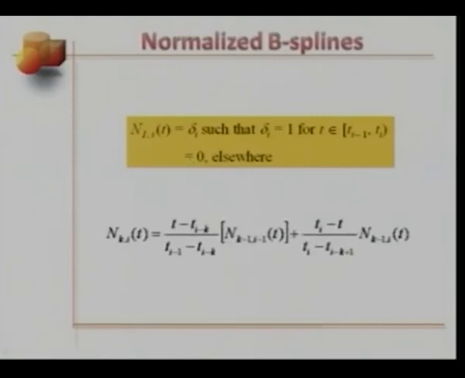And then for any other order, n k i of t equals t minus t i minus k over t i minus 1 minus t i minus k times n k minus 1 i minus 1 of t plus t i minus t over t i minus t i minus k plus 1 times n k minus 1 i of t. Before we proceed, a few comments on this recursion relation.